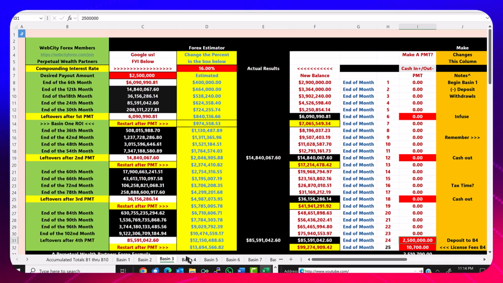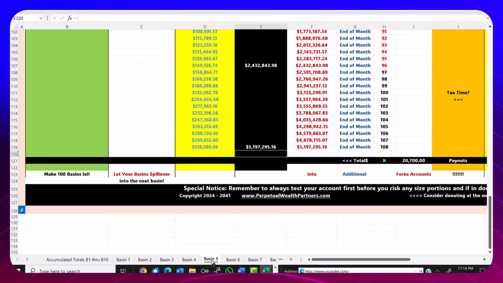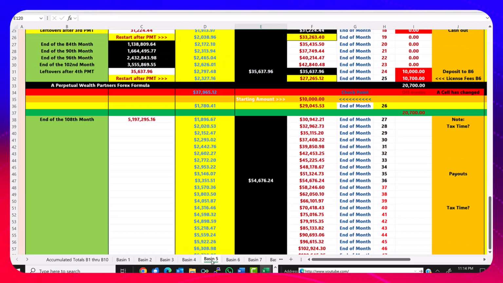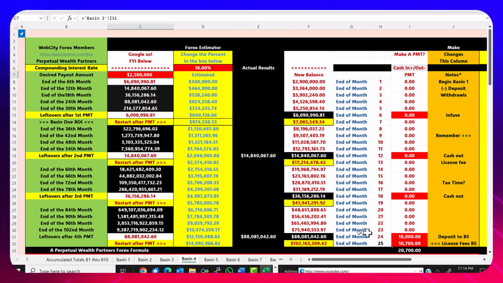Well, let's see what happened in Basin 4. Basin 4, we got 2.5 million. Well, we should have went back to Basin 4 and put in 500,000.